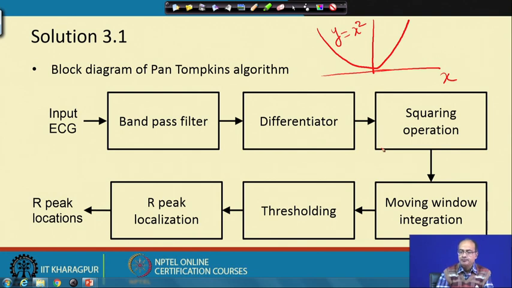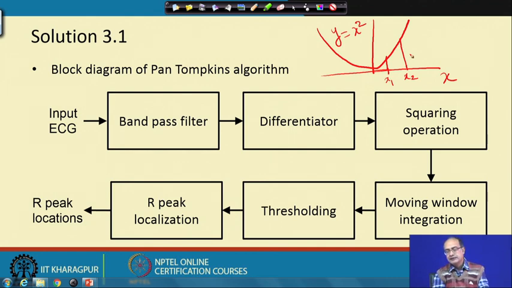At the same time, it has another benefit. If we look at two values, say one x 1 and another x 2, such that x 2 is k times x 1, and look at the difference between them, compared to that, when we take the square, the difference actually increases.